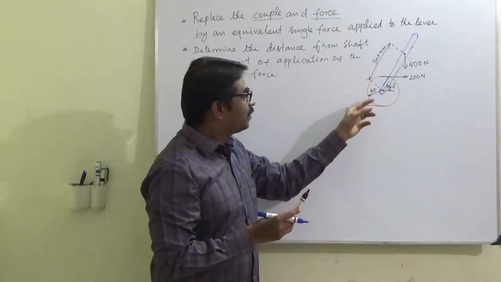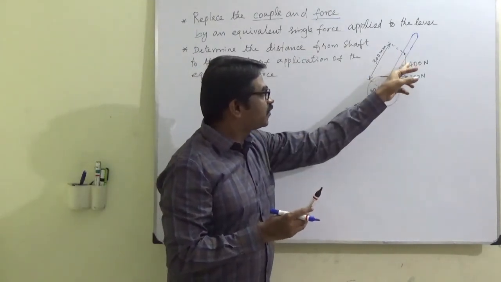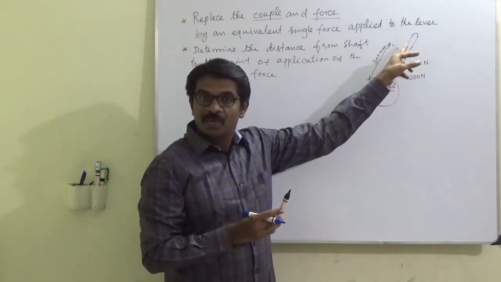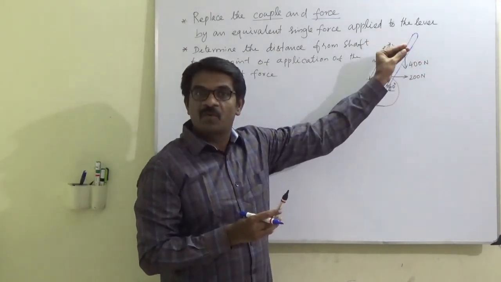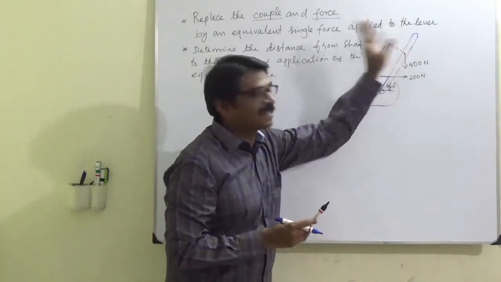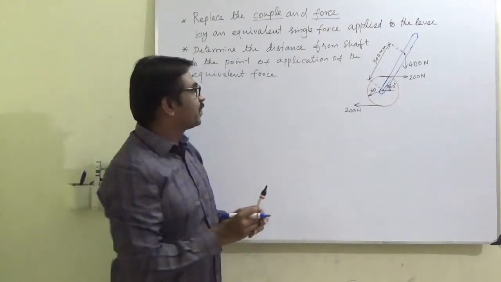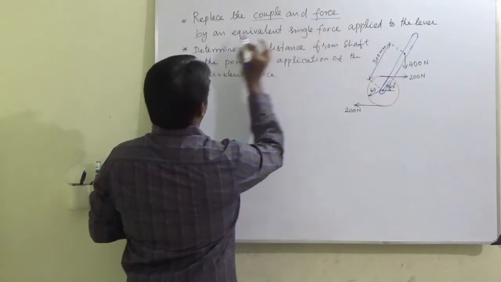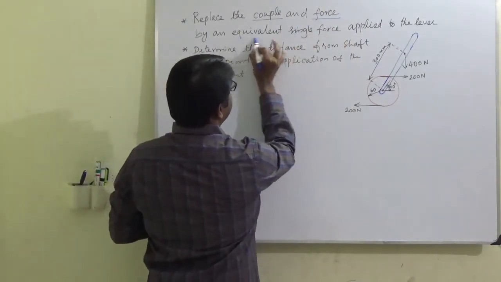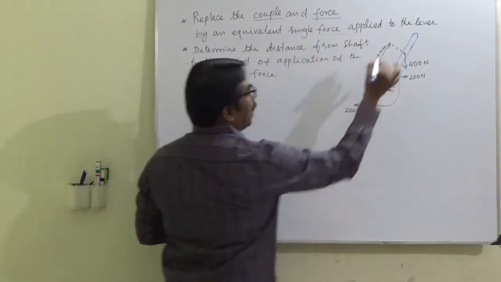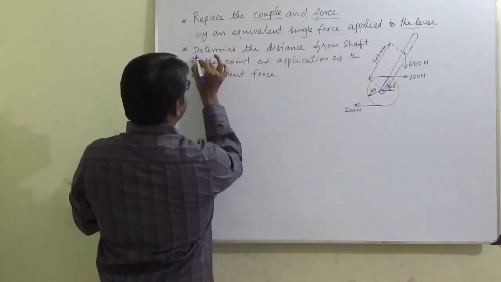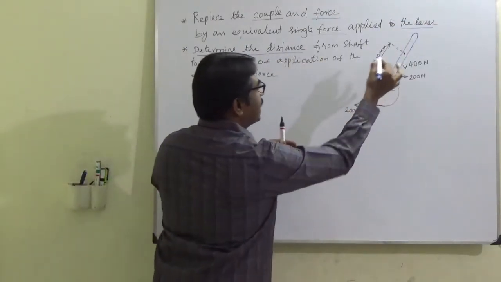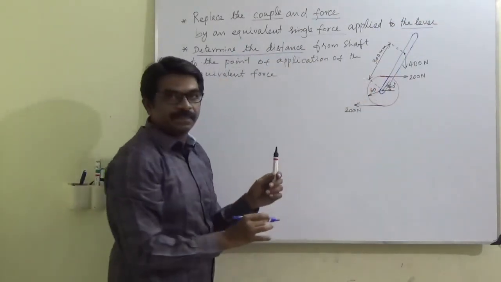So replacing this couple and this force, we are going to find the equivalent force and where to place that. That is the question. So replace the couple and force by an equivalent single force applied to the lever. What is that distance? Where will I place that on the lever?